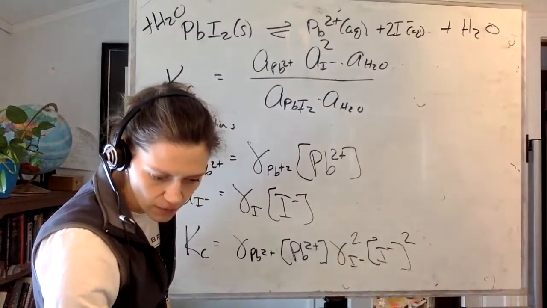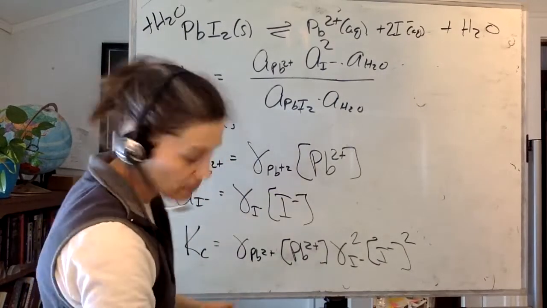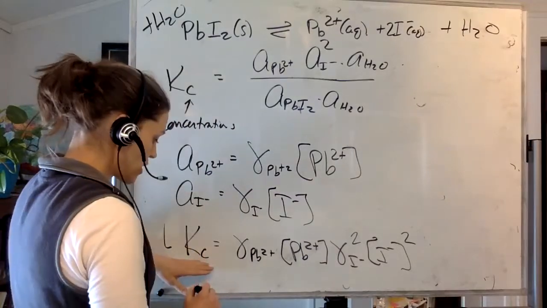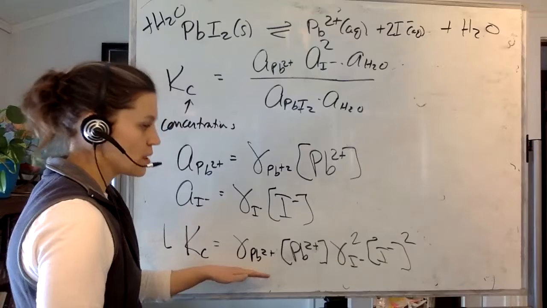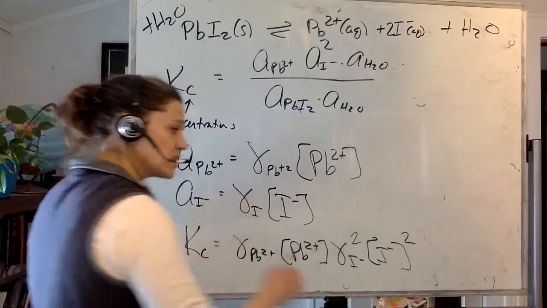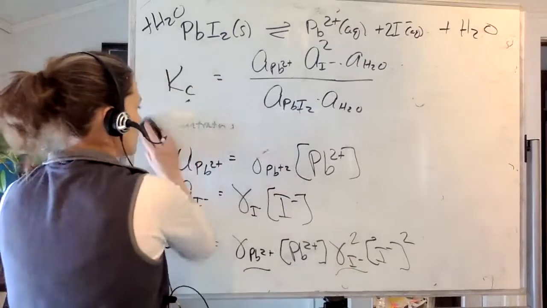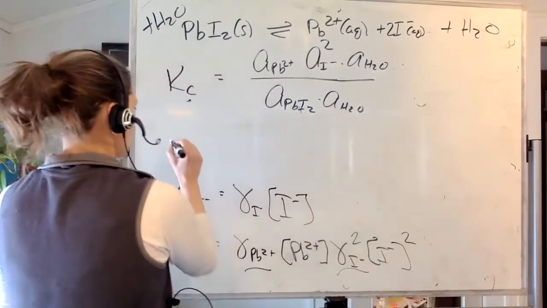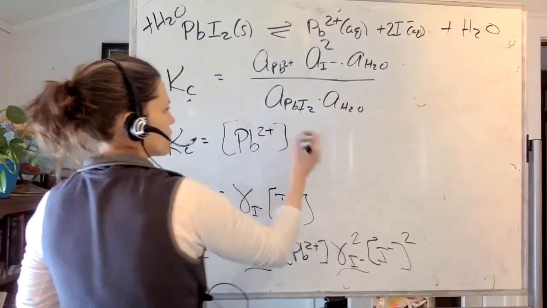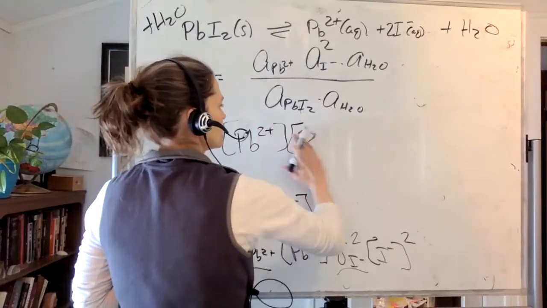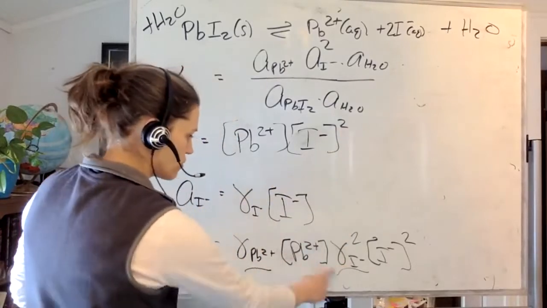I think that's all I want to talk about in terms of, oh, one more thing. Oh, yes, very important. Okay, so the equilibrium constant in terms of concentrations will be equal to this relationship. And let's assume then that the activity coefficients are 1 for iodide and lead, which would make Kc equal to the concentration of our lead 2 plus cation and our iodide ion squared, whereas both of these are 1.